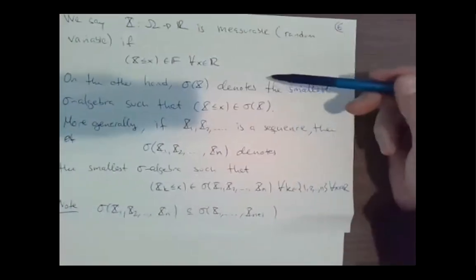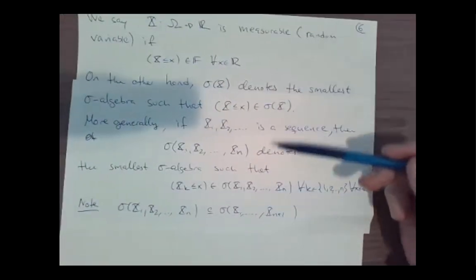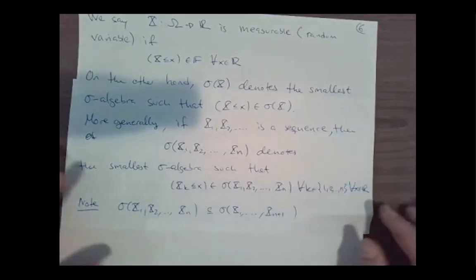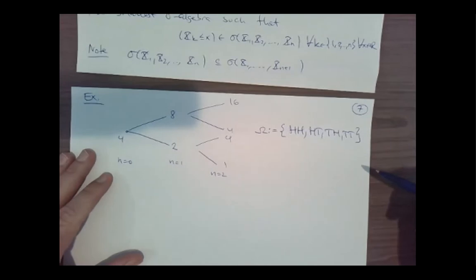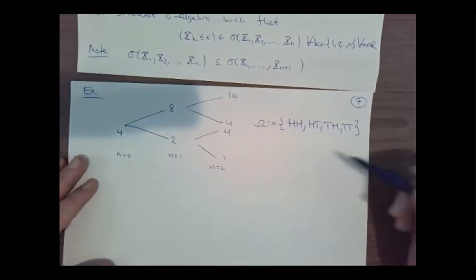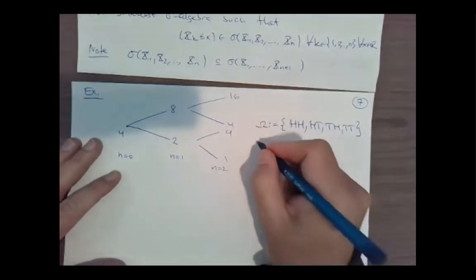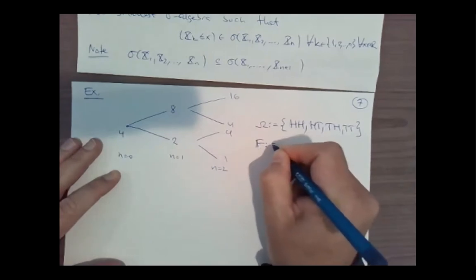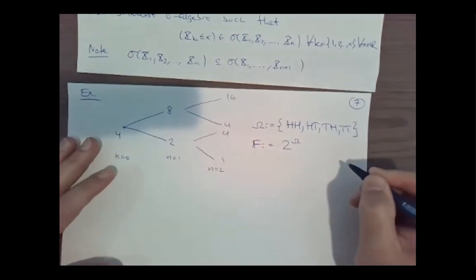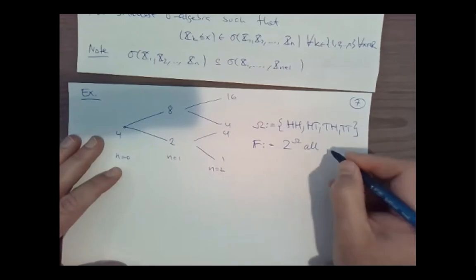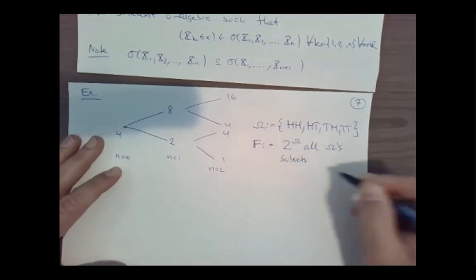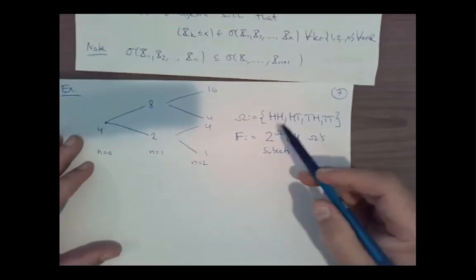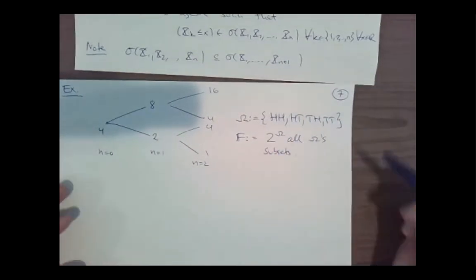There's no mention of a P anywhere in this discussion of measurability, so we don't have to specify that. We have to specify what F is. This is just going to be 2 to the omega, all subsets of omega. So that's a big collection. You form all kinds of possible combinations of these.